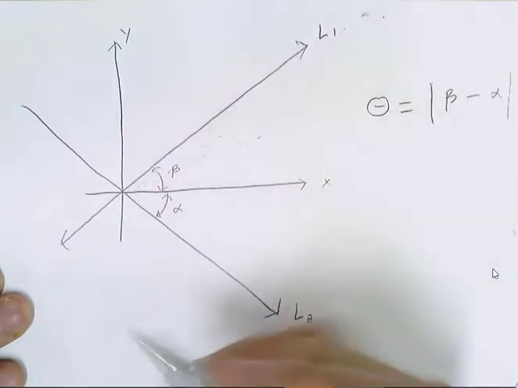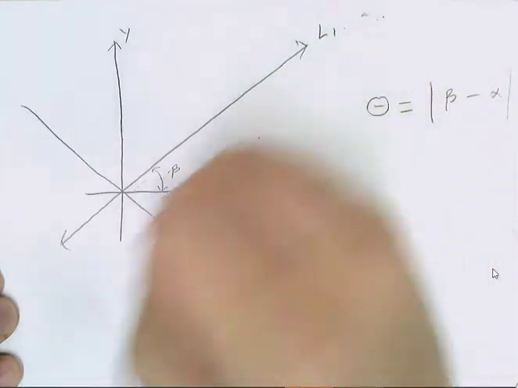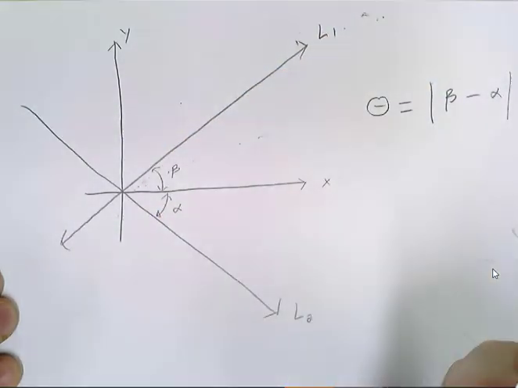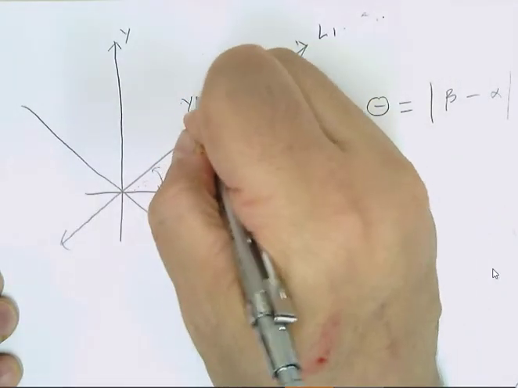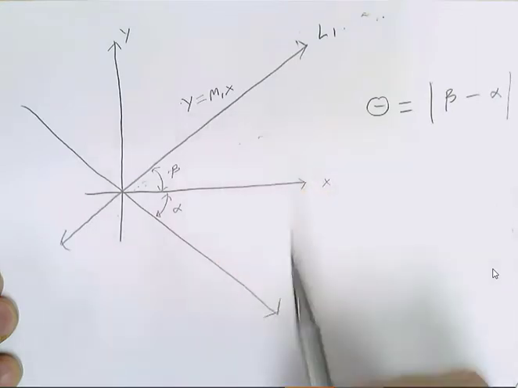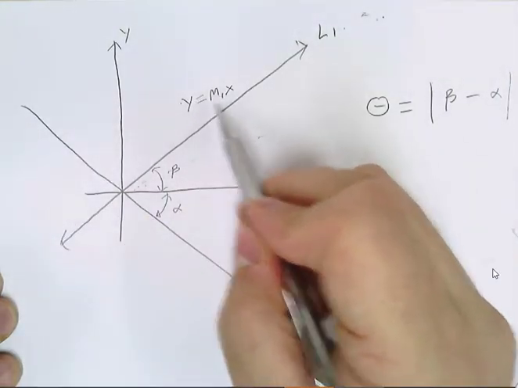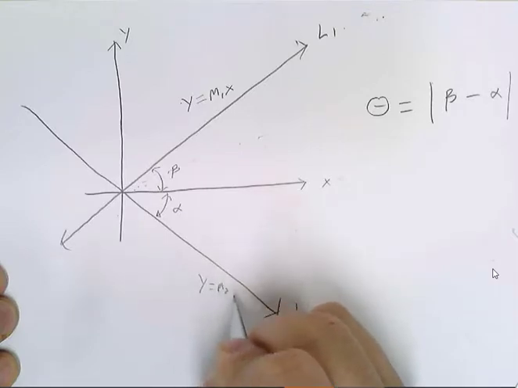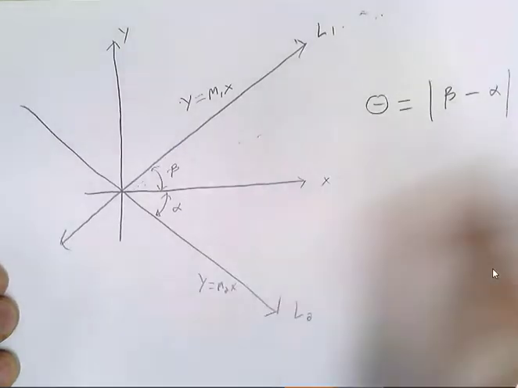Now, if this is line 1 going through the origin, the equation of that line would be some slope m1 times x, direct variation, with the slope being m1. And this line would be a different line with slope m2 times x.